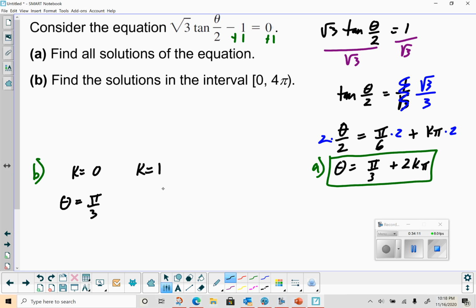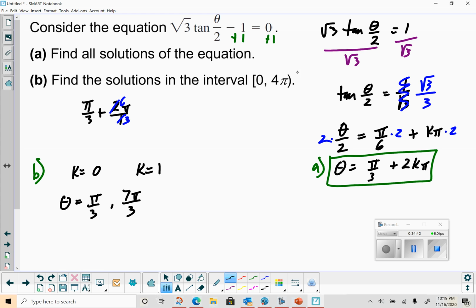When k is equal to 1, we need to take pi over 3 plus 2 pi, so that's pi over 3 plus 2 pi over 1, otherwise known as 6 pi over 3, plus 1 pi over 3. That'll give us 7 pi over 3.